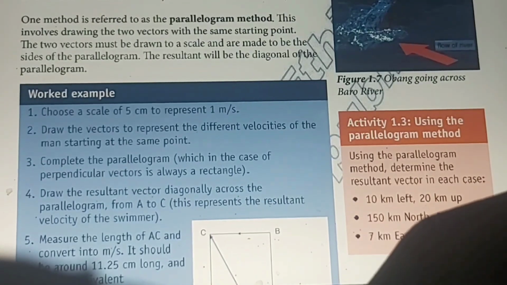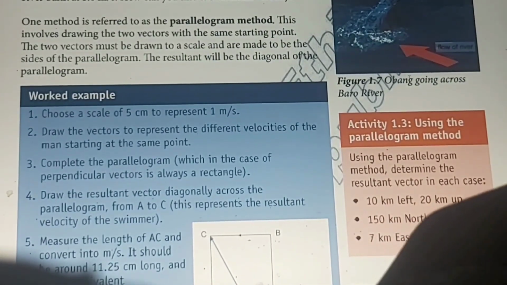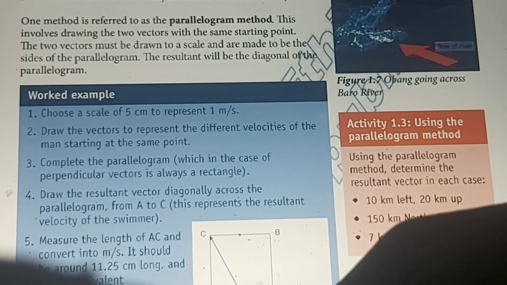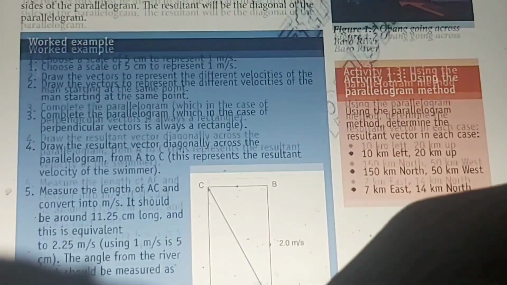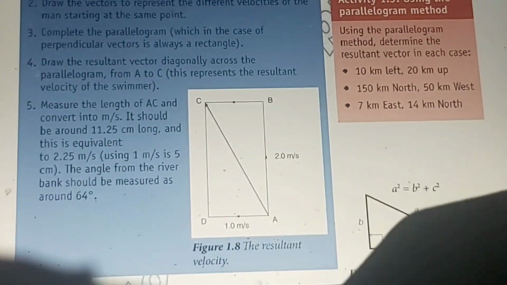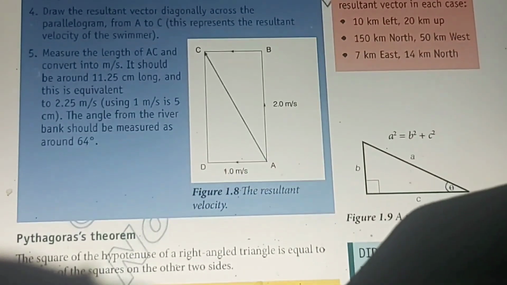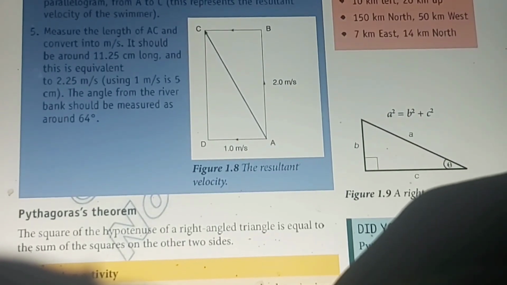Okay, 2 meters per second and 1 meter per second, they are perpendicular to each other. Simply we can solve by the parallelogram method and by the Pythagoras theorem method.